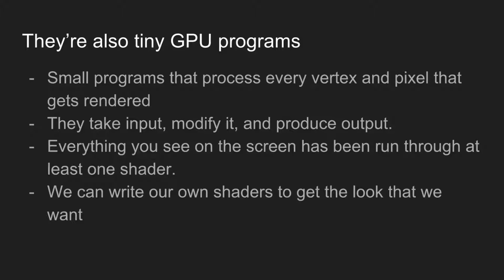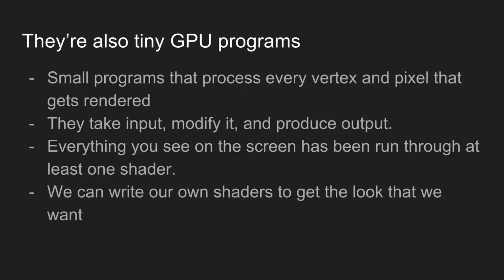But you can do lots of other stuff with shaders. You can even do generative stuff with shaders, like taking no input and producing randomly generated output. And you can also do a lot of mixing of some procedurally generated stuff and some prepackaged canned stuff. Everything that you see on the screen in a game has been run through at least one shader.